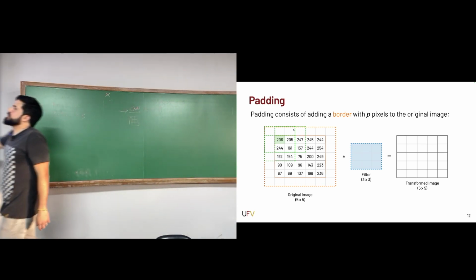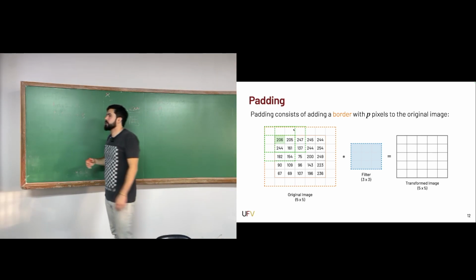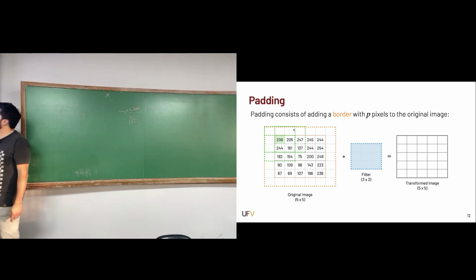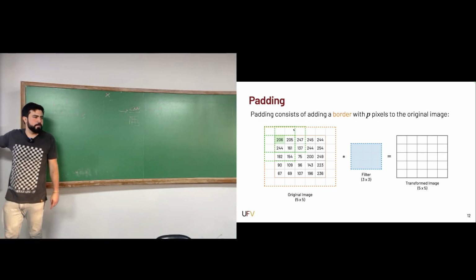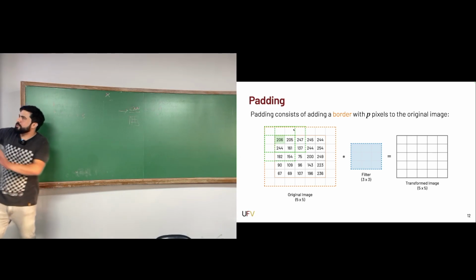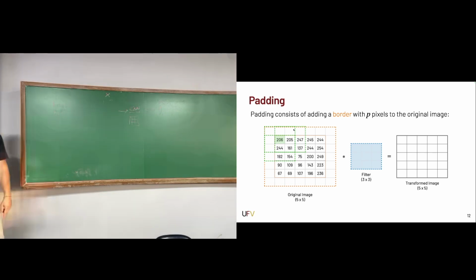And you can think about these padding pixel values as zeros. But what padding does is also help you keep the original size of your image, because we haven't changed anything in the convolution definition. It's exactly the same thing. I just changed the original image, okay?